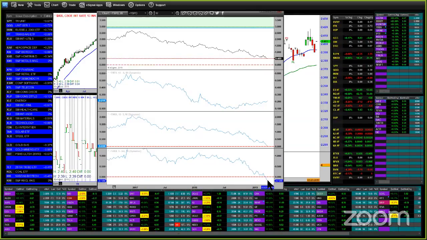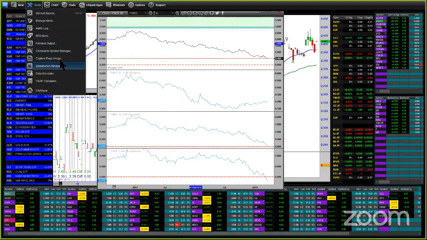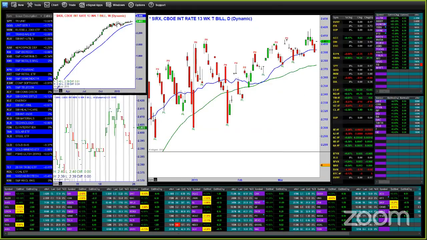The shortest already inverted, to get that turned around. By the way, someone emailed me about a script for how to do this. There isn't a script. If you have eSignal, you just do that in your tools and your composite symbol manager, and you create it. I don't know about other platforms, but that's how you do it in this one. You don't need any special programming to do that.